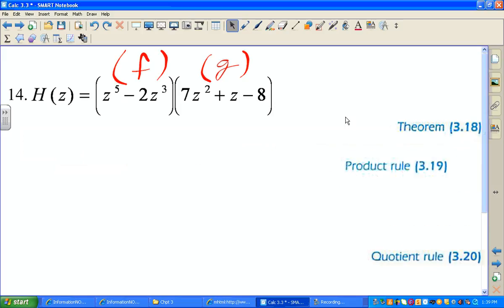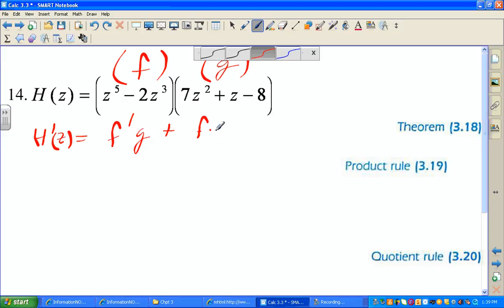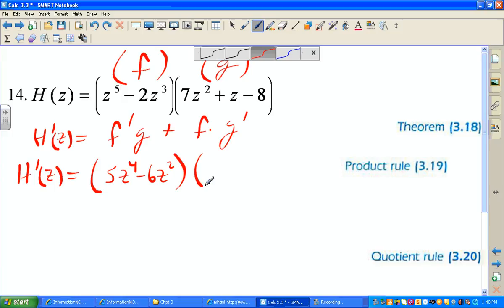So I'm going to take the derivative of F. First of all, this is H prime of Z. I'm going to take the derivative of F, multiply by G, plus F times the derivative of G. So it'll look something like this. 5z to the 4th minus 6z squared times 7z squared plus z minus 8.